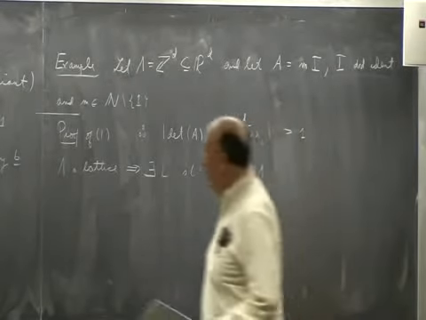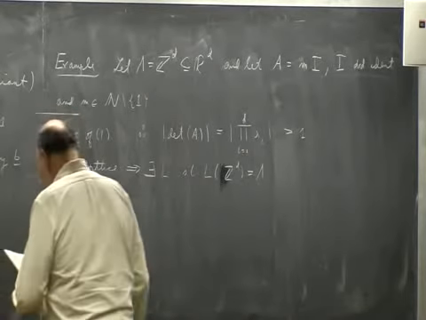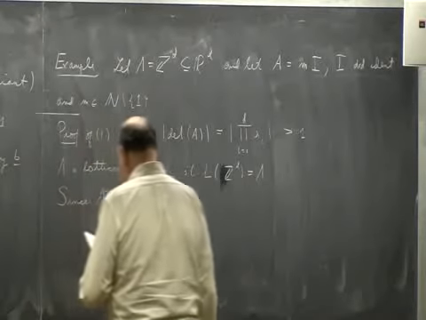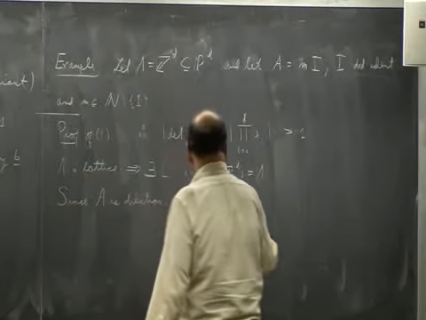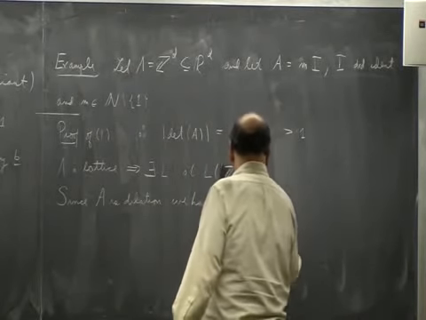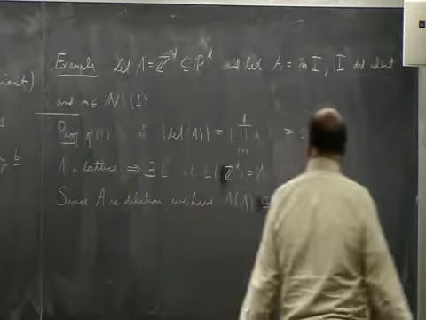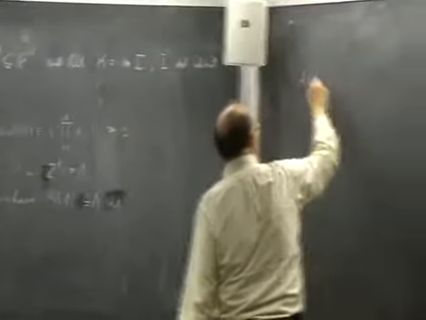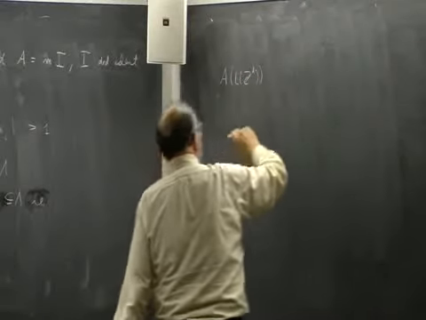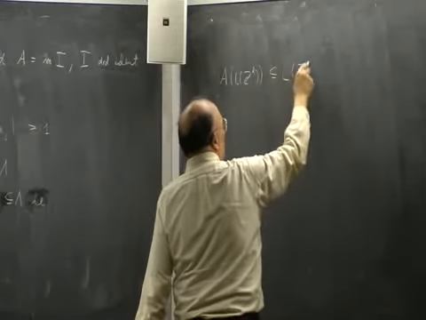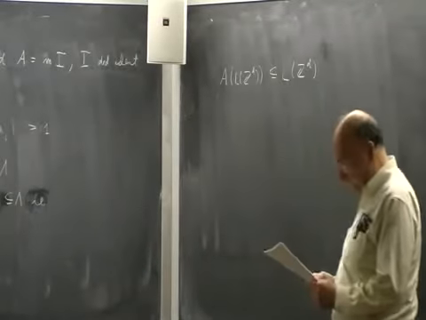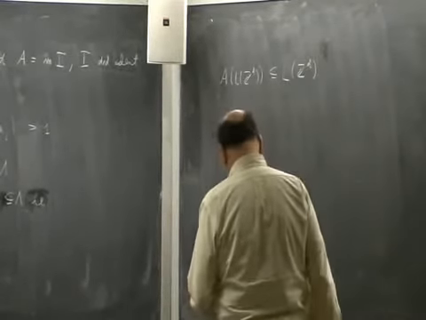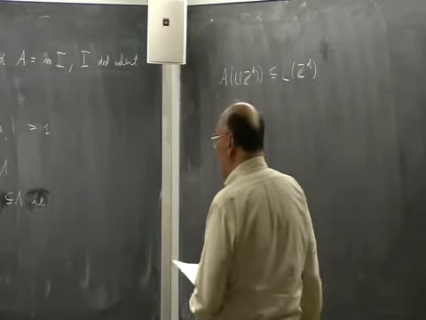And since A is a dilation matrix, we have A(Lambda) is contained in Lambda, and that implies then, well, it's actually equivalent to that, A(L(Z^D)) is contained in L(Z^D). Okay?